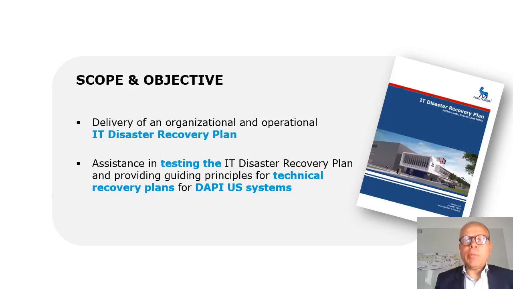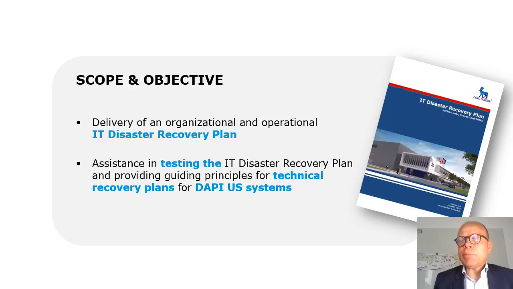Okay, so the scope and objective of this is to build an IT disaster recovery plan that's organizational and operational. And what we mean by that is that it'll be operational by being short, specific, and to the point, but it's organizational, so it has to do with how you put structure on an unfamiliar situation, and put some kind of a structure over chaos.